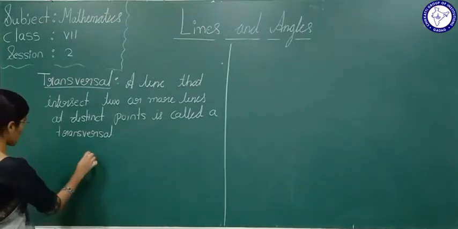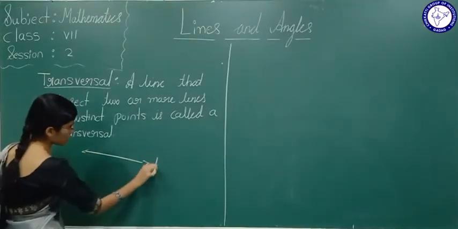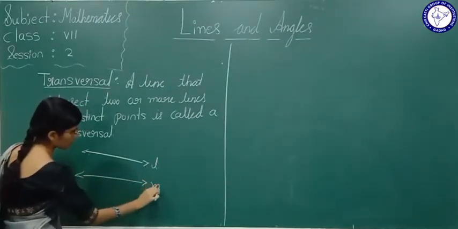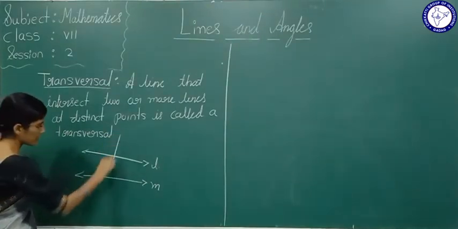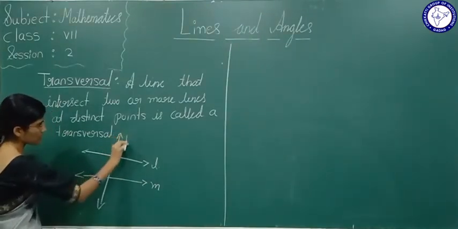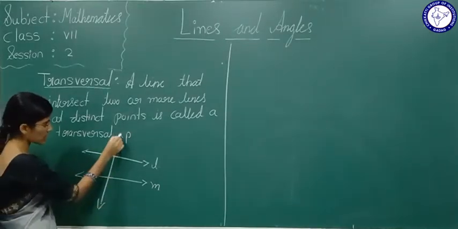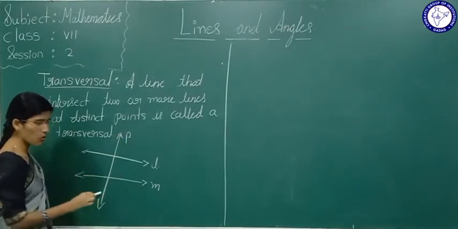Suppose here is line L, and a line M is there. Here two lines are there, line L and line M. Here a line P is called a transversal. Why is this line P called a transversal?